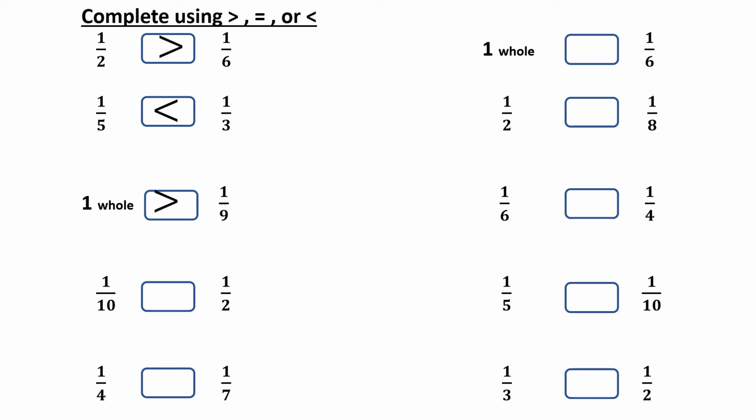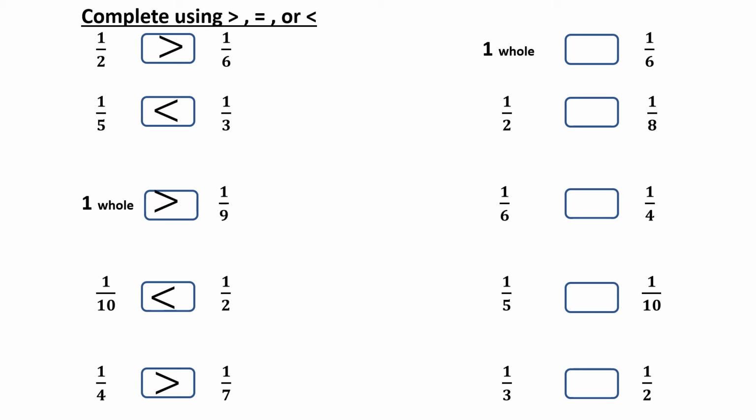So crazy fractions tell us that 2 is greater than 10. A quarter or a seventh. Here we have the same numerator. So these fractions are crazy fractions. So now 4 is greater than 7.